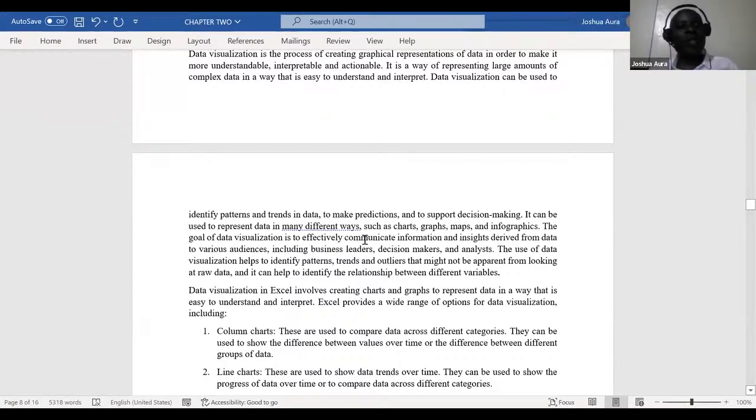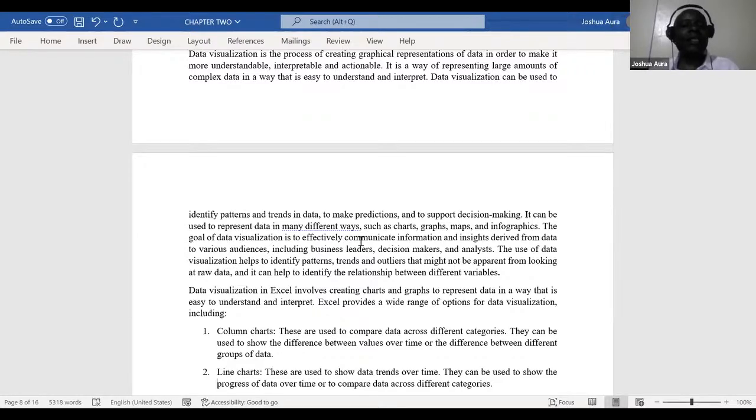The goal of data visualization is to effectively communicate information and insights derived from data to various audiences, including business leaders, decision makers, and analysts.